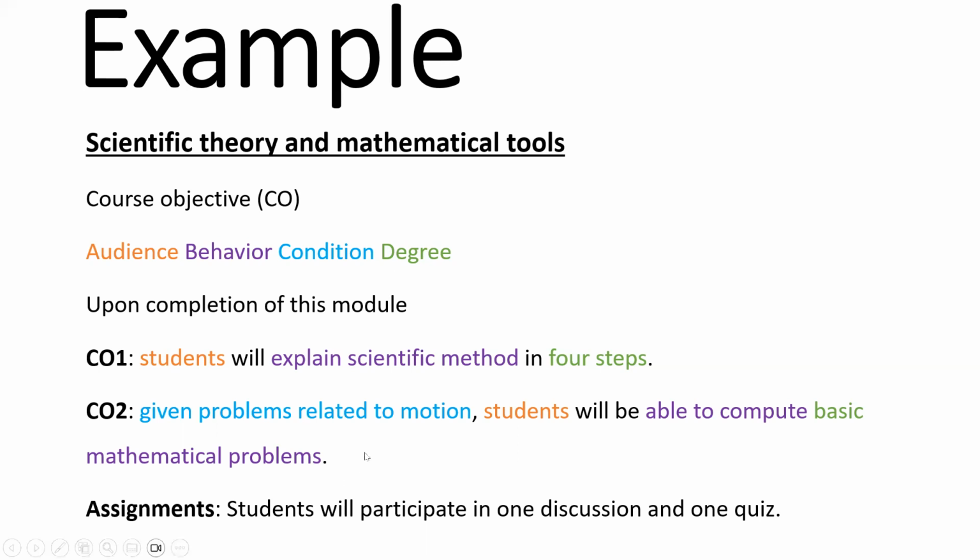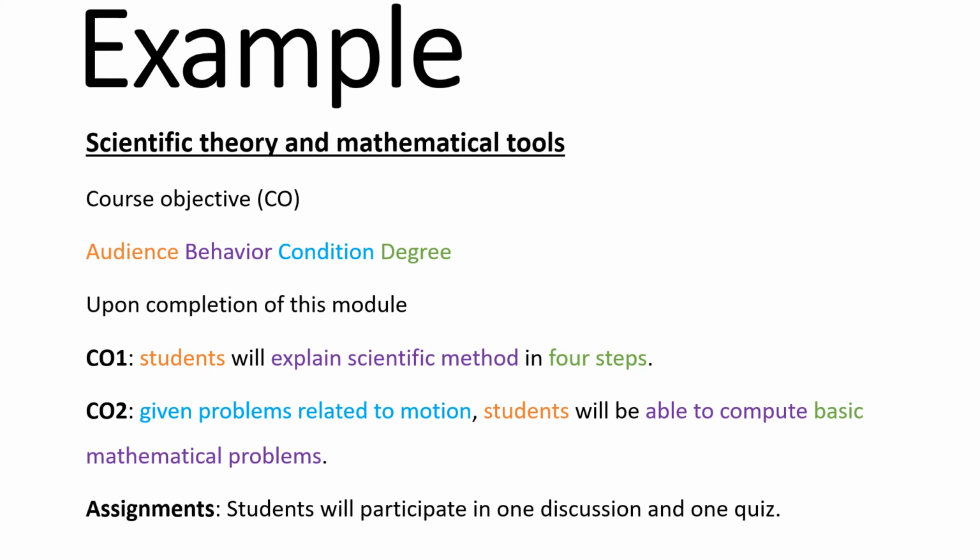In the second example, course objective number 2, given problems related to motion, right? This is the condition given. My audience are students again, who will be able to compute. That is the behavior, the capability after learning this course: they should be able to compute the basic mathematical problems.